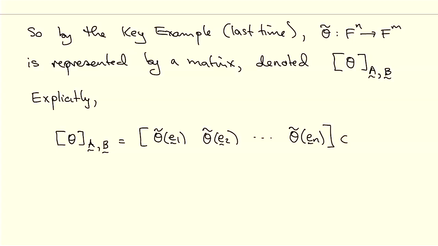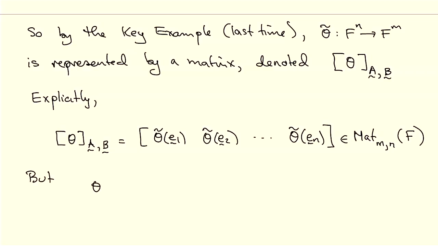And this is a matrix with m rows, n columns, and entries in the field F. Okay, but I want to unpack that now and write these theta twiddles all in terms of just the coordinate maps and theta itself, so that we don't have to talk about theta twiddle ever again. And I'll do that in the last 2 minutes.